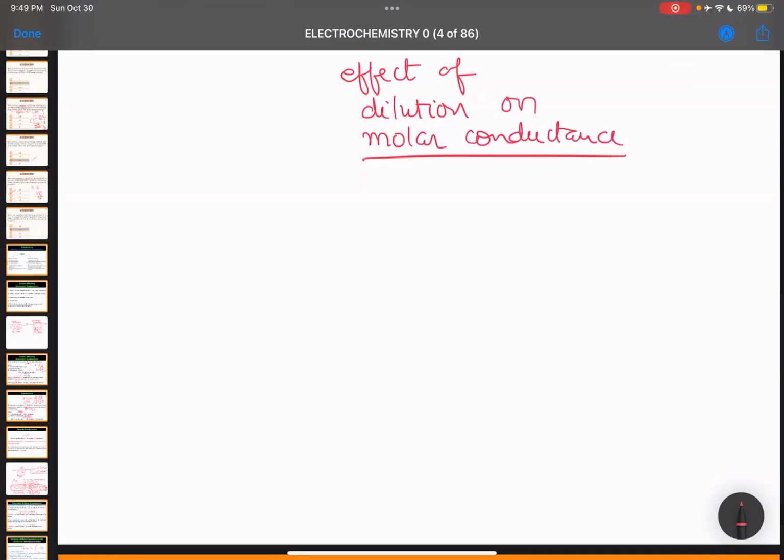So molar conductance means it is the conductance of 1 mole of electrolyte, but how is that conductance going to change if you add more water?